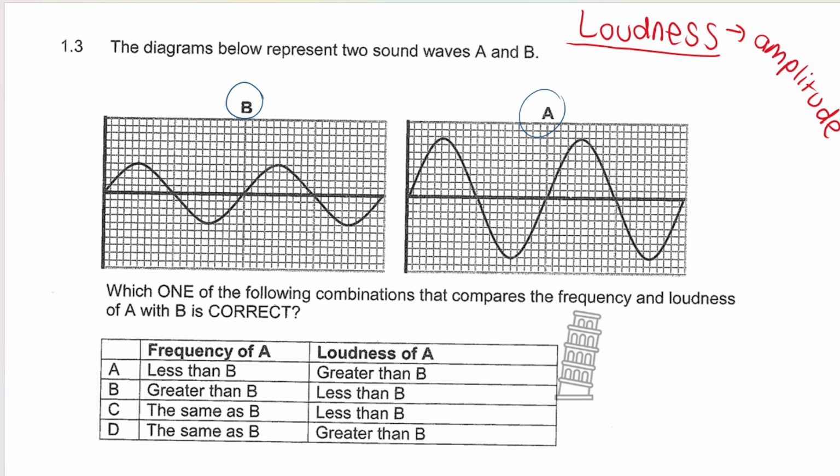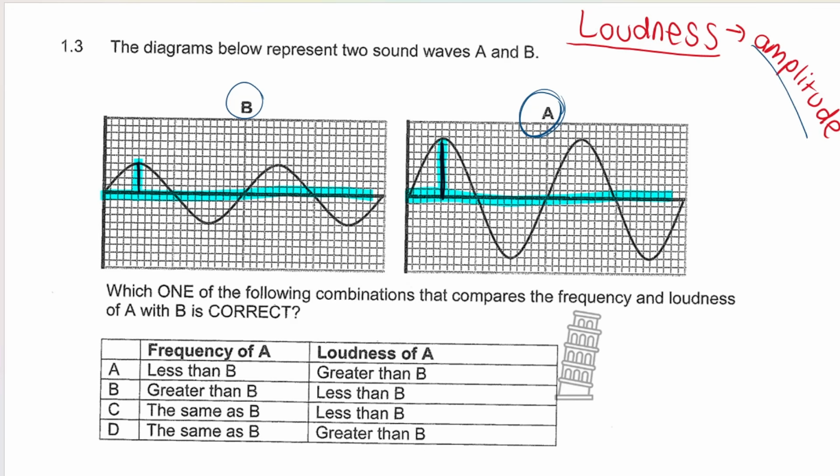So let's just look at loudness purely first. B has a much smaller amplitude than A. If you look at how high B is, so remember amplitude is the maximum displacement of a particle from its rest position. So starting at the equilibrium line to the crest of the wave. A has a bigger amplitude, so it's a bigger loudness.